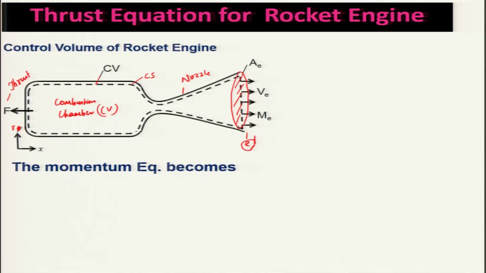The integral form of the momentum equation has this term, the integral of rho V x dV over the control volume, which is the rate of change of momentum per unit time.